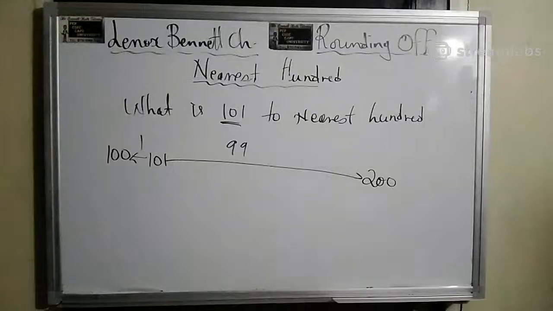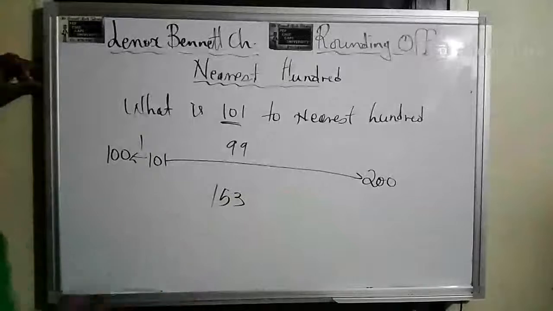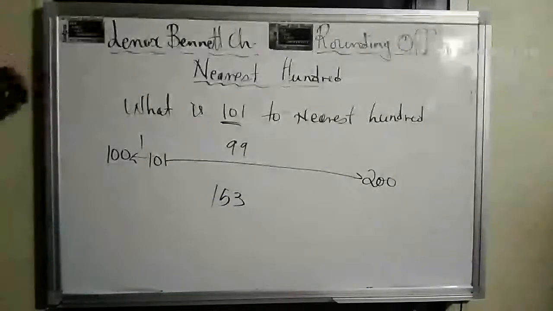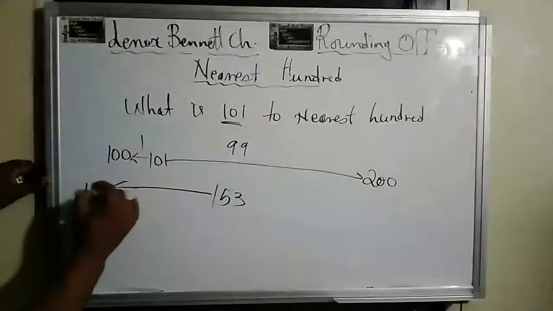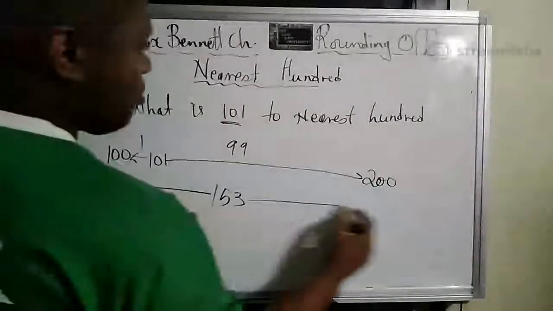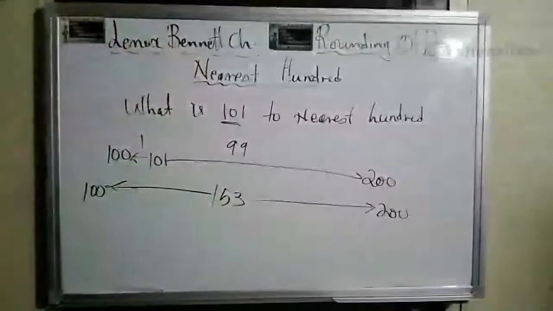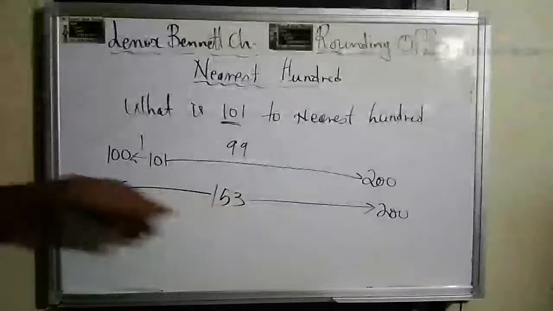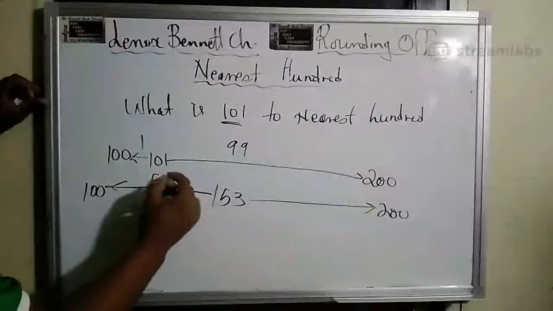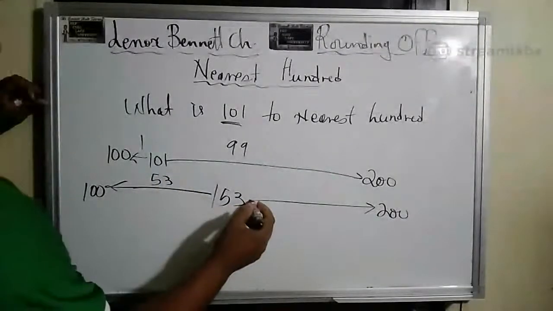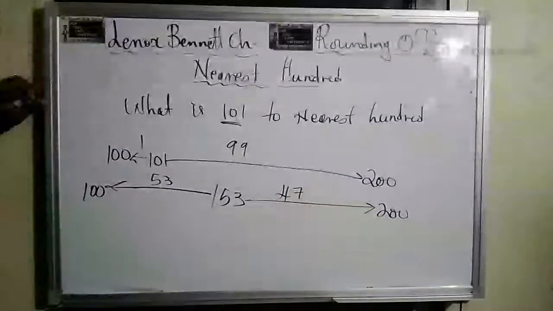Let us look at a more intriguing number, 153. It's either 100 or 200. If we were to go down, we'd have to drop down 53 places, and to get to 200 it will only need 47 more.